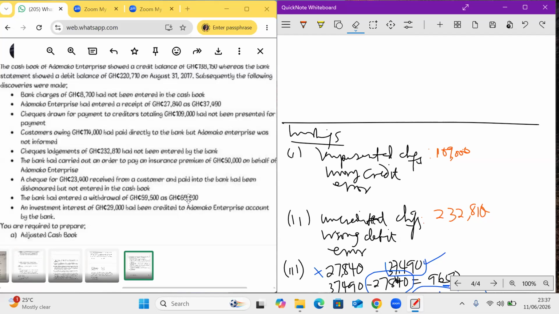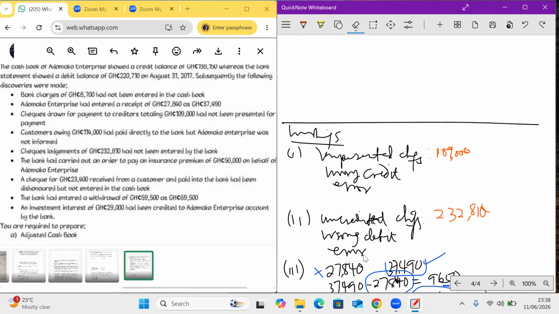Credited. Yes. But eventually, it will debit the Adomako Enterprise with the 69,500 and give it to the customer. Are you getting it? But with a figure, they did deduct or they did add to it to get the 69,500? It's added. And when it adds, what does it mean? It is crediting. So that's the error.